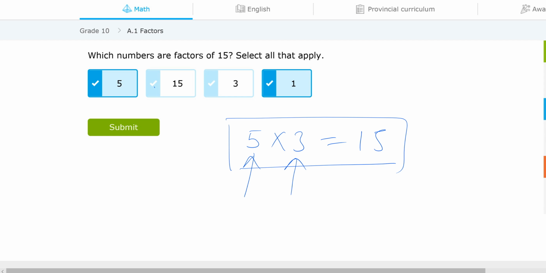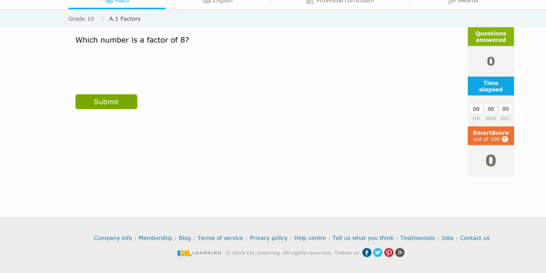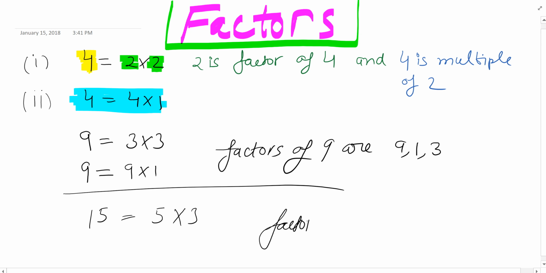Let me go back now. So we select, I think we skipped that one anyway. So the factors of 15 are 5. Now we know 5 times 3 is 15. So the factors are going to be 5, 3, 15, and 1.